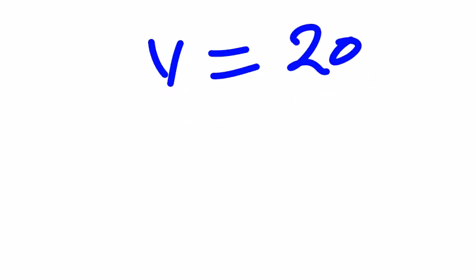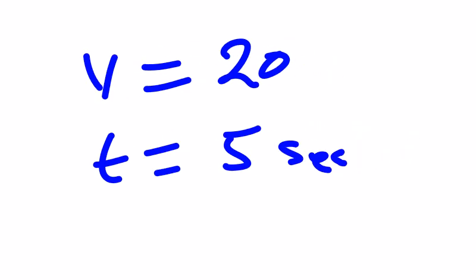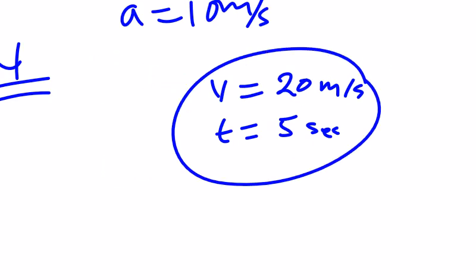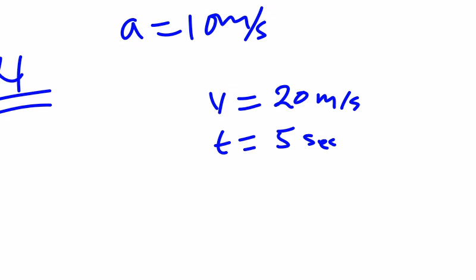They will give t as 5 seconds. This 5 is seconds, this is meters per second. So now maybe they will give you u as 0, or let's say u as 10.